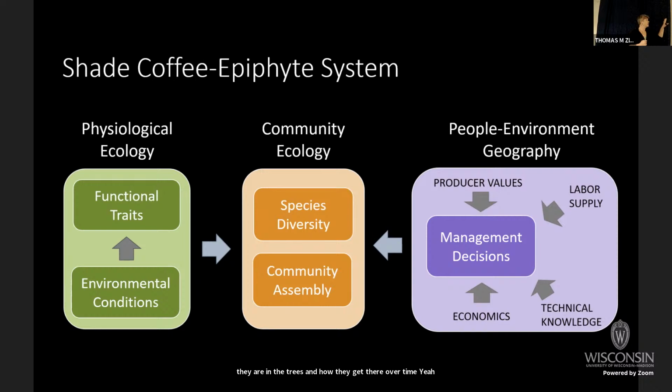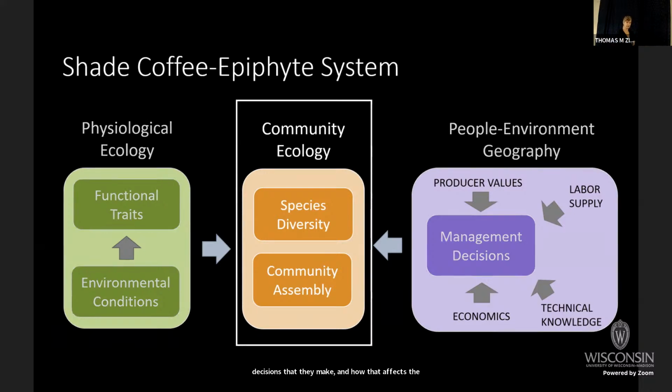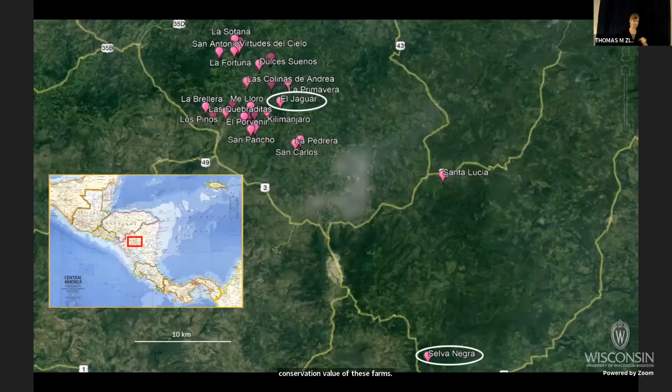And then we're going to look at what's going on physiologically with these plants in terms of the traits that they have that I just talked about with drought tolerance, and how those relate to the environmental conditions. And then we'll talk about the people component. So what's going on with the farmers and the decisions that they make and how that affects the conservation value of these farms. And so let's start out here with the community ecology.